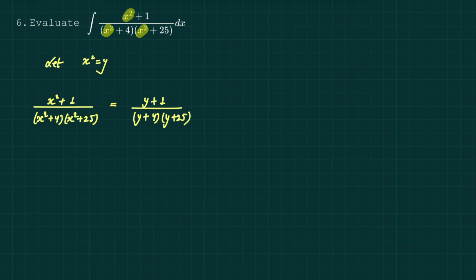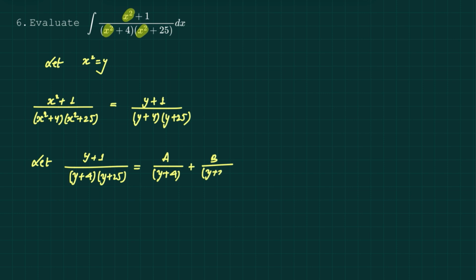Now we will use the partial fraction here. So let us assume this (y plus 1) over (y plus 4) into (y plus 25) equals a by (y plus 4) plus b by (y plus 25), and let this be equation 1.